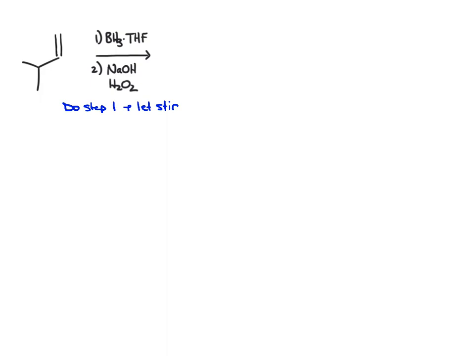Then when that step is complete, then you do step 2. So a big important thing to keep in mind is these are 2 separate steps. Everything isn't mixed together at once.